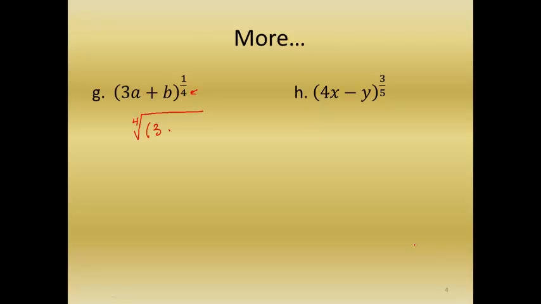And on the inside, it's just going to be 3a plus b. The parentheses are not necessary because it's an exponent of 1, but it's nice to keep them. The next one is a 5th root of this quantity, 4x minus y, but this time it's being cubed. Because I would need 5 of them to eliminate the radical or remove anything, I get to leave it right here.